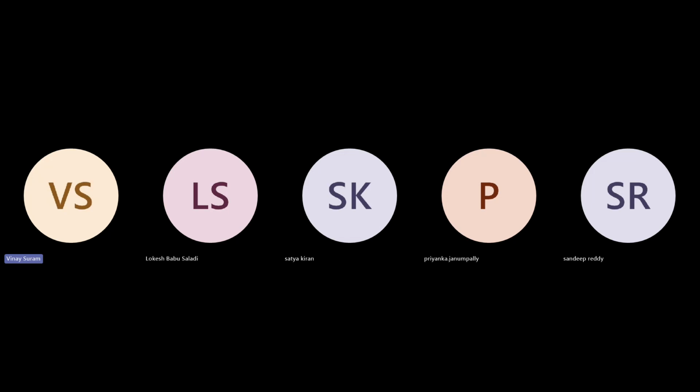Using UNION also, the first select query gets just IT employees and the second just HR employees, and you use union between them. The other way is the OR operator: select star from employees where department equals IT or department equals HR. So these are three ways of getting IT and HR employees.